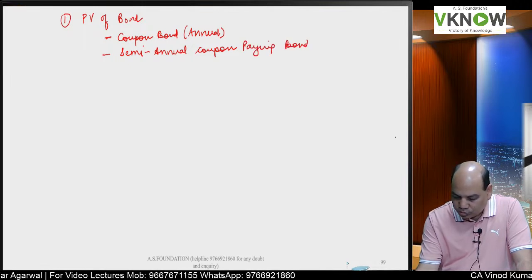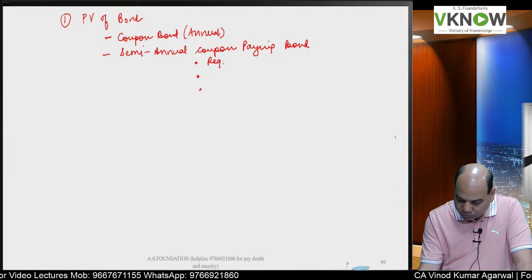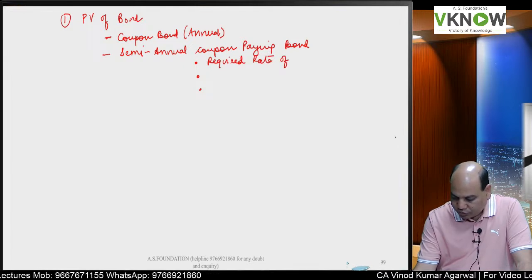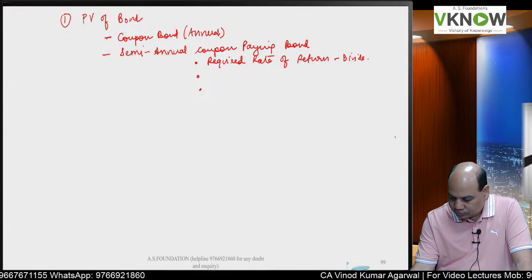In the semi-annual coupon paying bond, you will make three adjustments. Required rate of return, if it is given per annum, you have to divide by 2.